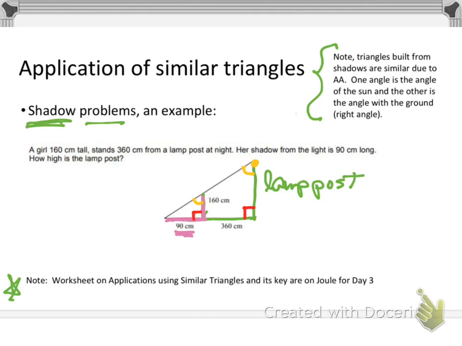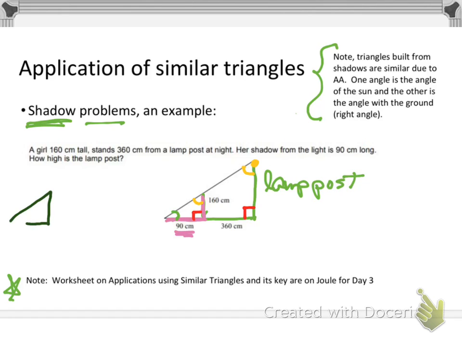Then you actually have a third angle in common. What's the third angle that you have in common? Well, this toe angle. They both share the same toe angle. So you actually have angle similarity a couple of ways. So do you see, so I'm going to draw this separately for a sec. Do you see that you really have two triangles here?